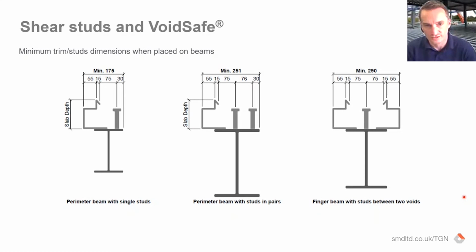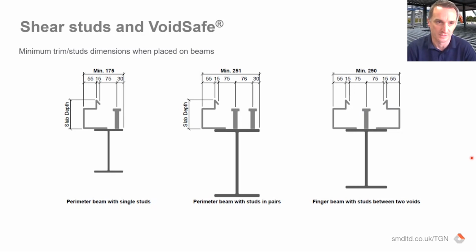Just a bit more on that subject. So the single stud we saw earlier, similarly with double stud, that dimension gets bigger because you're suddenly needing a bigger beam. And if you have an area on a beam between two voids and you want to tie that concrete to that beam via the use of shear studs, as you may well do, then there's an impact on slab edges. So you couldn't have VoidSafe slab edges on the edge of the beam on both sides, because this would all clash with each other and you wouldn't then be able to get a stud on.